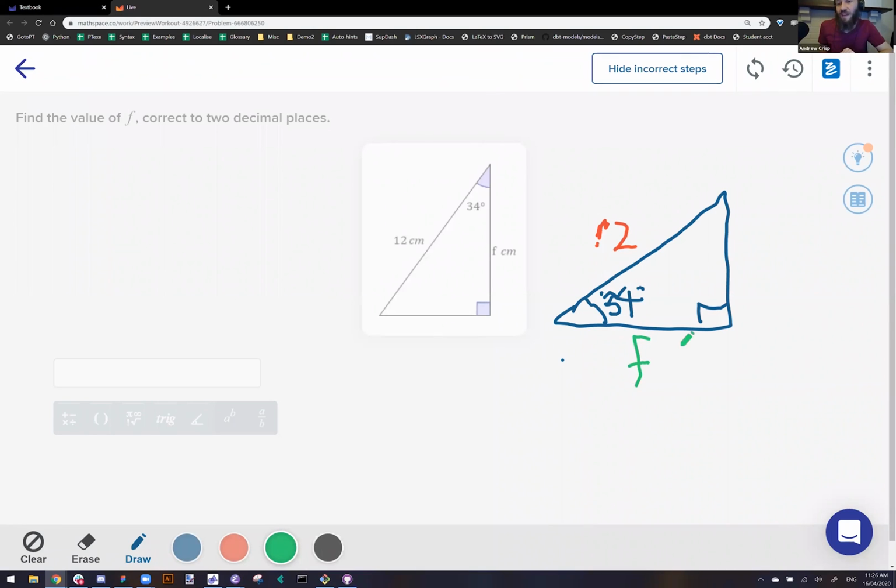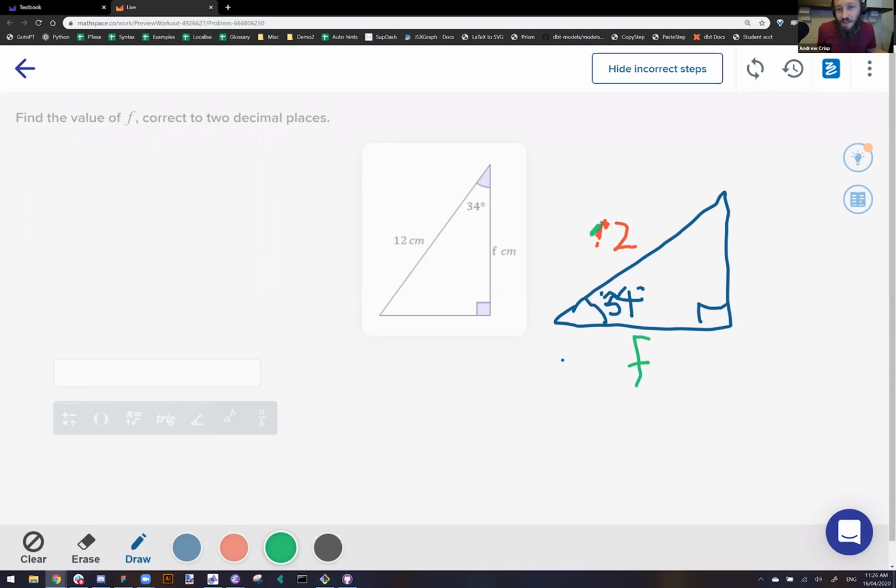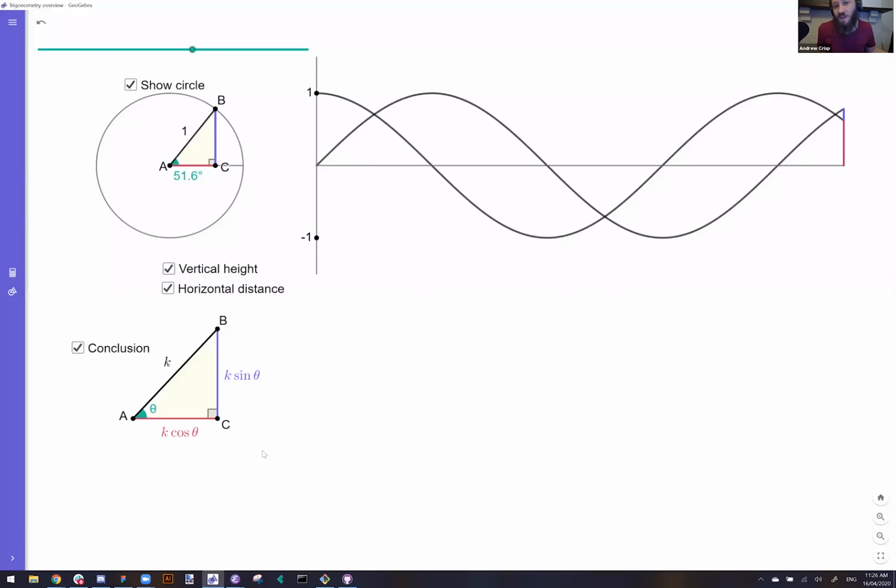And F is K cos theta. So I'll just, once again, go back and match them up. K, the length of the hypotenuse, is 12. Theta, that's the angle in the bottom left, that's 34 degrees. And then there's F down the bottom here, that's K cos theta.